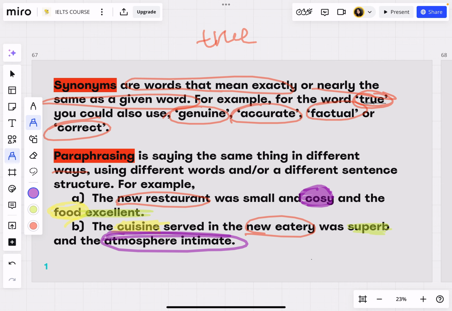This is how the sentence was paraphrased. For example, you get this in a question, but you get that one in a passage. So you always need to make sure that you know how the question was paraphrased.